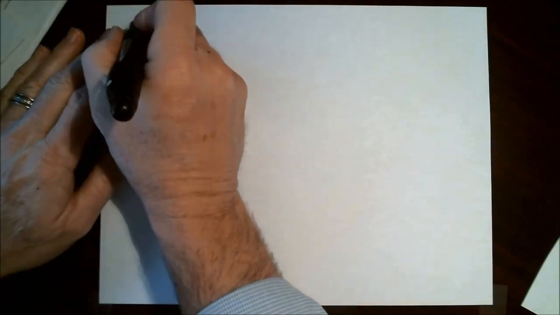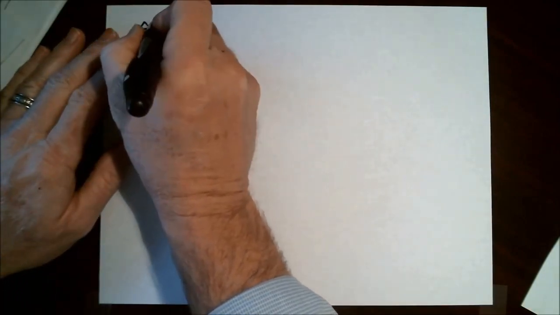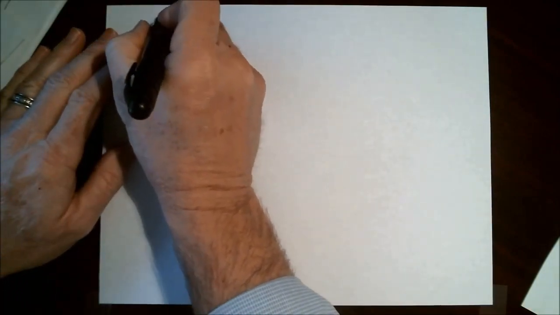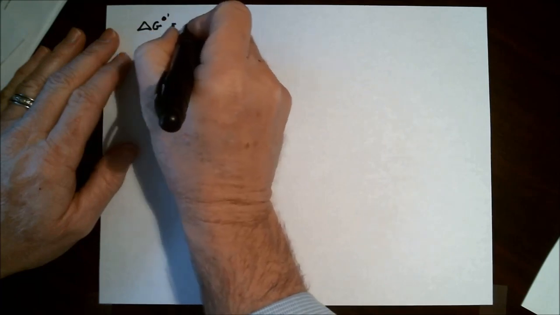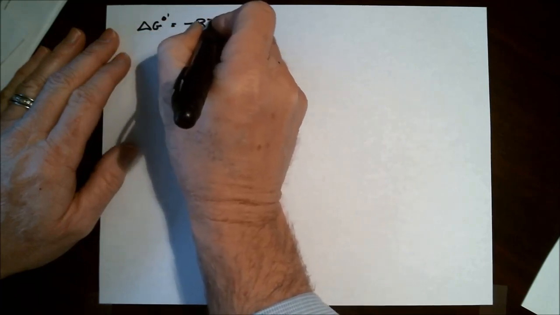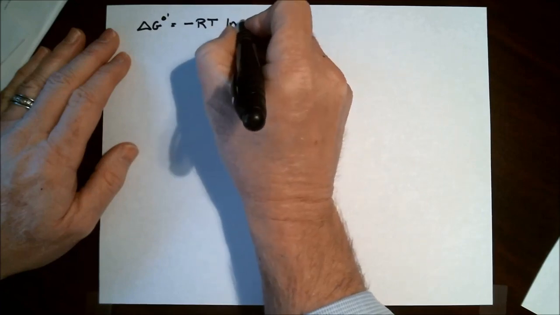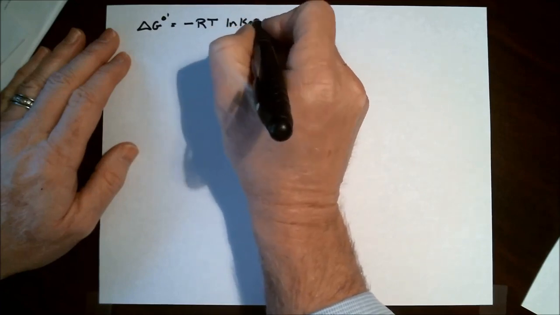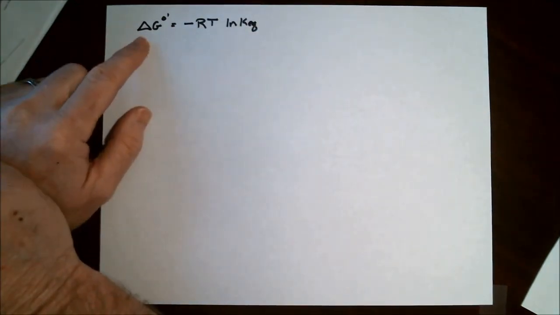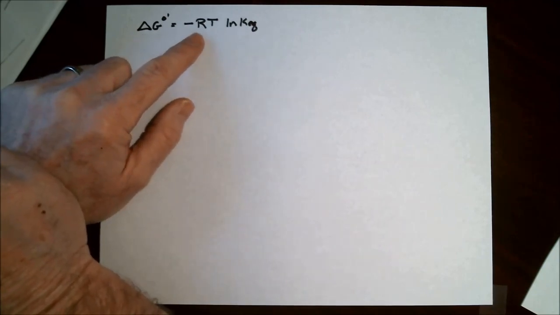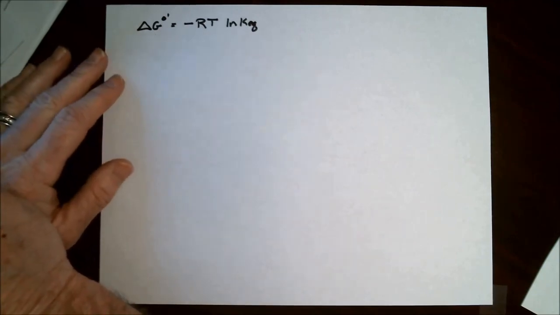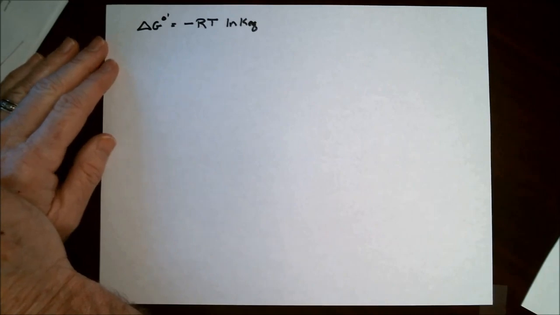Now, considering the standard free energy change for a biochemical reaction, we have our equation of the standard free energy change equals negative RT times the log of the equilibrium constant.